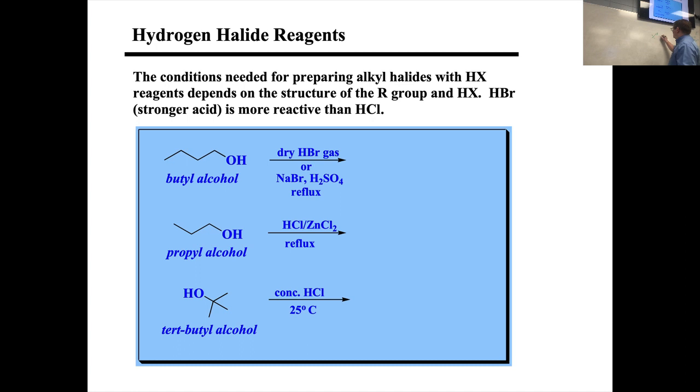What about the third example? Taking tert-butanol and HCl at room temperature. What's the product we're going to get there? Tert-butyl chloride. Okay? Is that going to be SN1 or SN2?